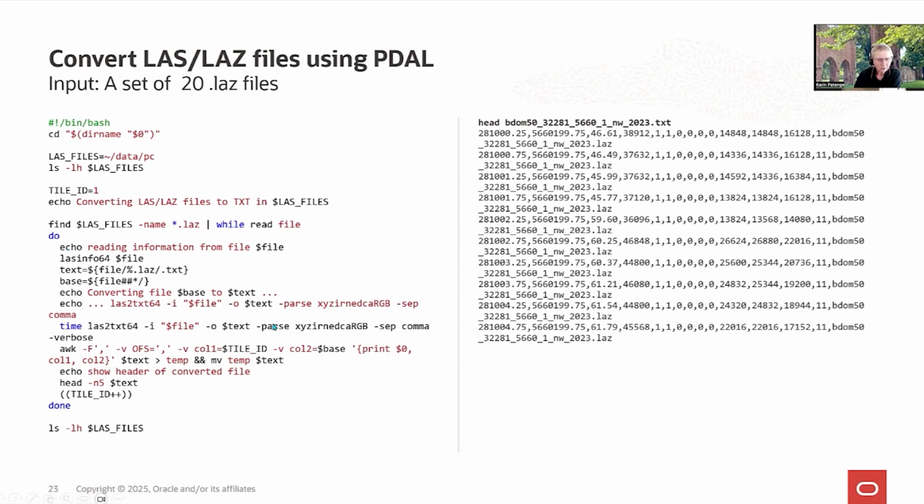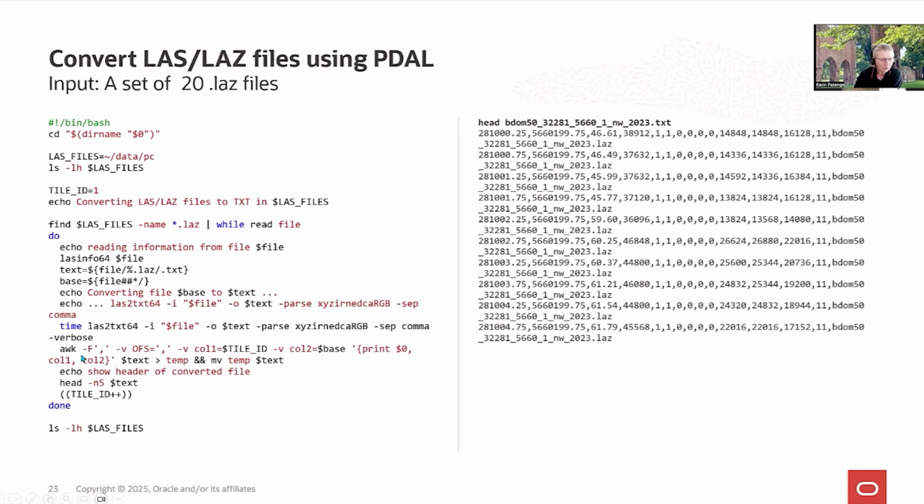We define which of the attributes stored in the LAS files we want to extract, and then create a text file with comma-separated values, and that's what we run here. I measured the time to get an idea of how long it takes to extract the information.